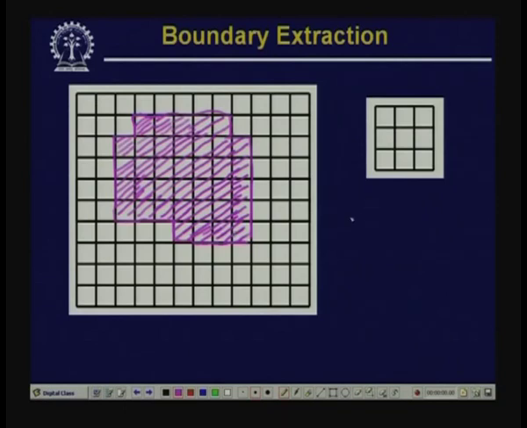For a given point set A, I can represent the boundary of this point set as beta A, where beta A represents the boundary of the given point set A. It can be shown that beta A is nothing but the set A minus A eroded with some structuring element B. What do we mean by this?